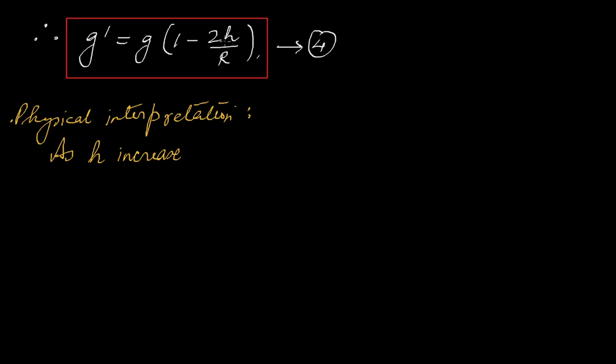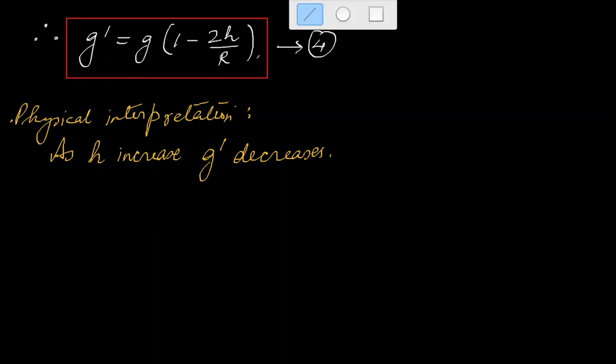So as h increases, the entire right hand side decreases, which means g dash decreases. As you go higher and higher from the surface of the earth, the acceleration due to gravity decreases. And if you plot a graph, how would the graph look?